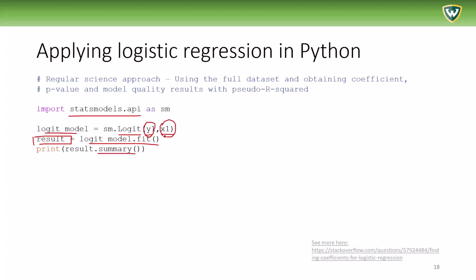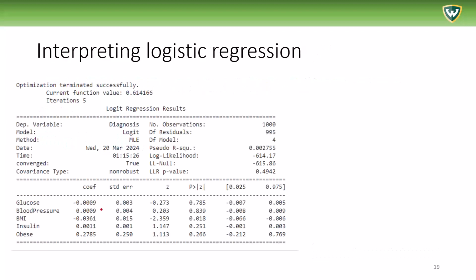So diabetes 1 or 0 was the binary outcome variable, and the X was multiple other variables like glucose and blood measure and BMI and whether the person was obese or not, which is a binary variable, and I calculated that if the BMI was equal to 30 or above, it was obese, otherwise it was not. So this is the only binary variable, and the others are actually all numeric variables.